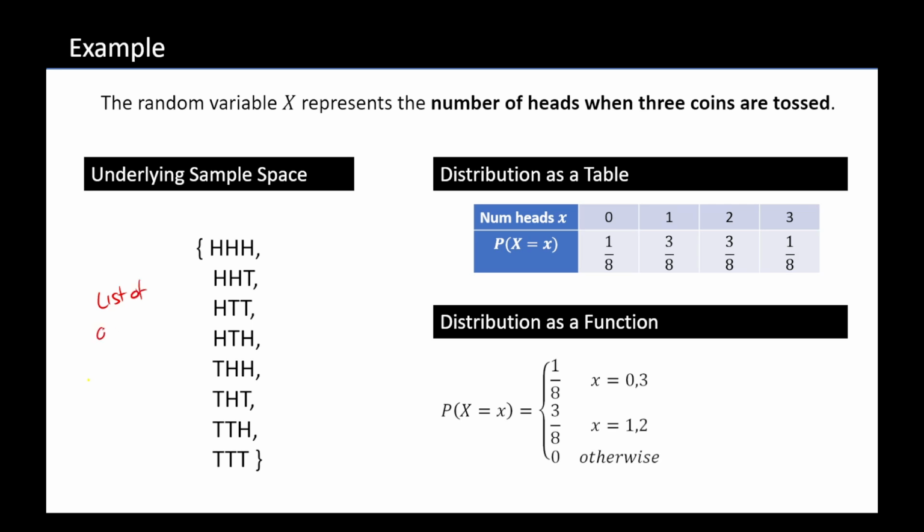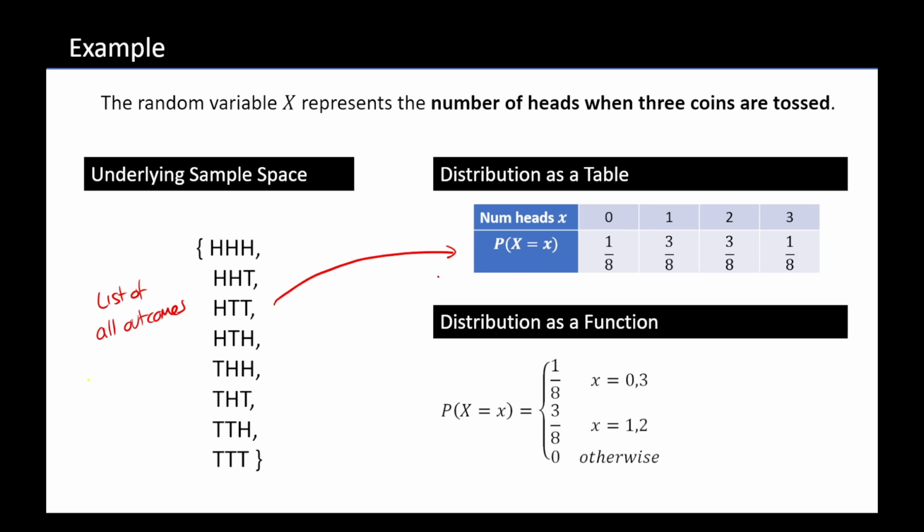What we can then do is refer this into a probability distribution. So x means the number of heads, so I can end up either with 0 heads, 1 head, 2 heads, or 3 heads, and then underneath that I'm writing the probability of each of those events happening.